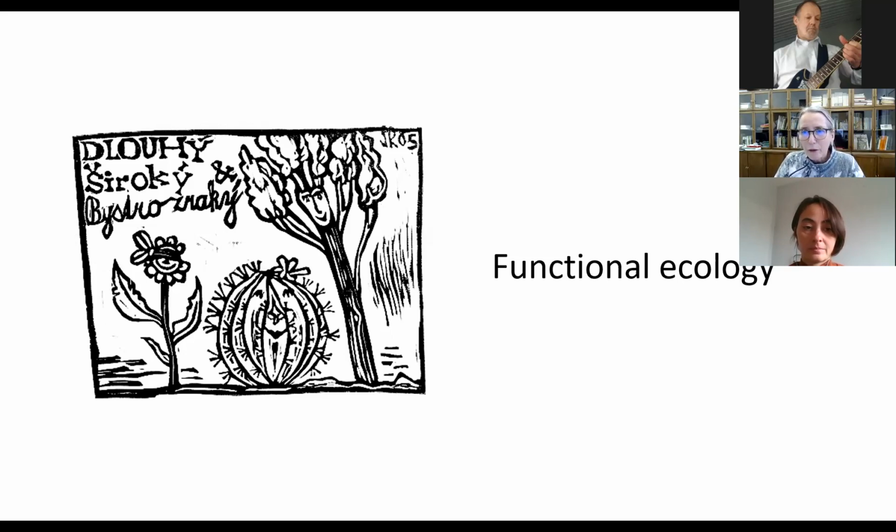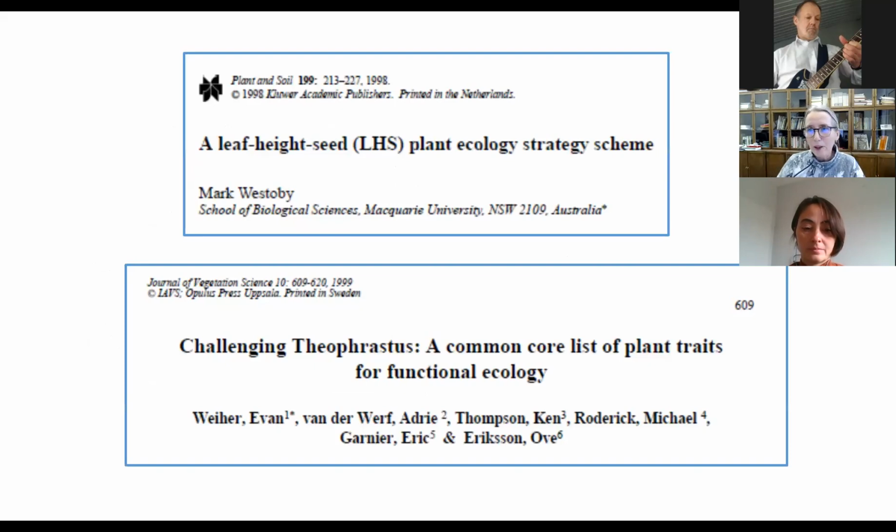But the name functional ecology is used only from the late 90s, when two very influential papers were published in rather small journals, in Plant and Soil and Journal of Vegetation Science. So it means not in these big journals like Nature and Science.